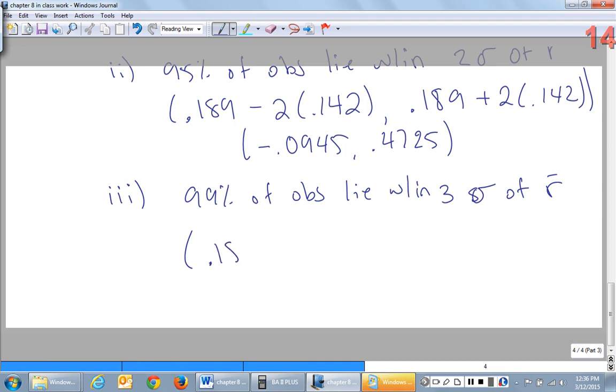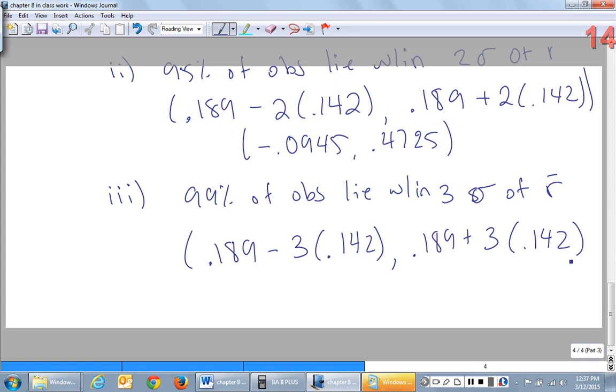So we have our expected return of 18.9% minus 3 times the standard deviation of 14.2%, and our expected return plus 3 times our standard deviation of 14.2%. So 99% of observations will lie between a negative 23.7% and a positive 61.5%.